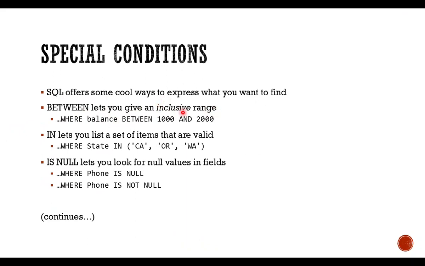It is inclusive, and you notice the word AND is here. This is different than the logical operator AND, right? This is just part of the syntax of the BETWEEN clause. So this would include everybody whose balance is exactly 1,000 all the way up to and including 2,000, and everything in between. But that saves you some complex conditions. It's just a nice way to say that, right? So you can use BETWEEN.